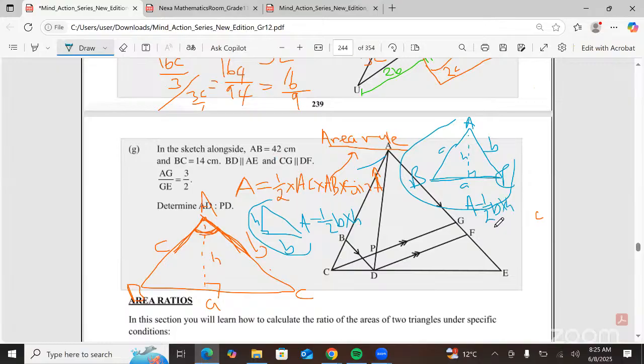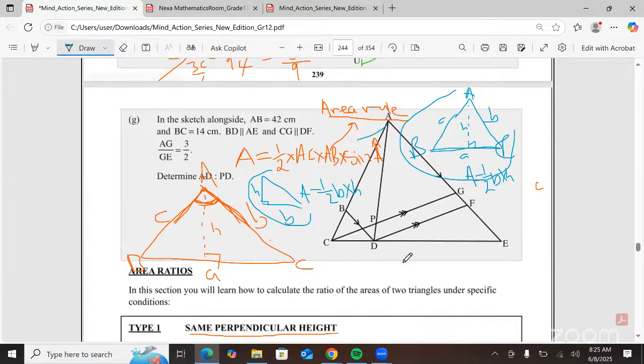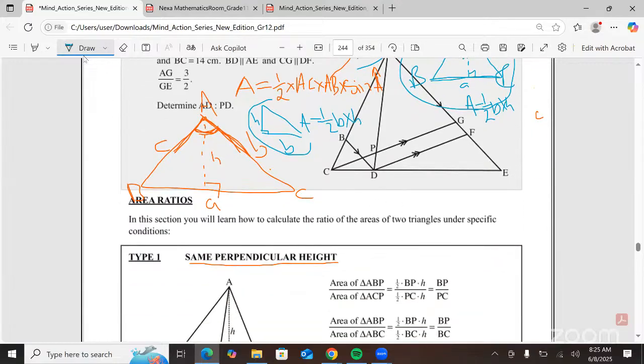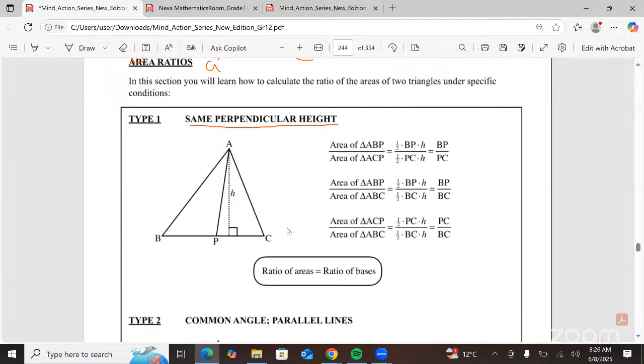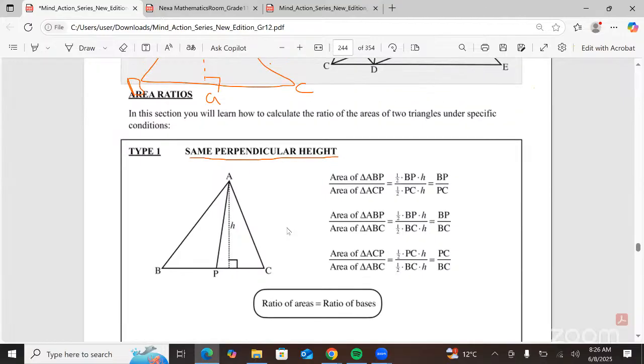Yes. Okay, then if it makes sense, let's quickly go to this explanation here. We have this explanation for these triangles with the same perpendicular height. We have this bigger triangle ABC.